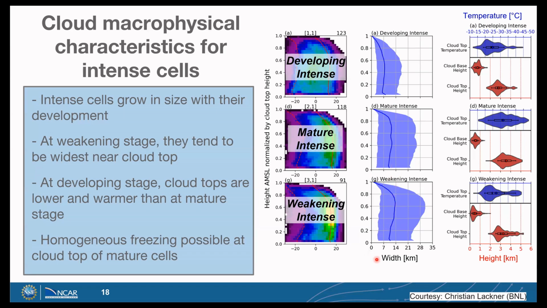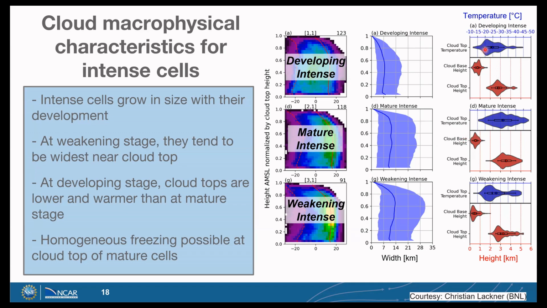During the weakening stage, they tend to be widest near the cloud top, and this may be due to more spreading out near the cloud top once they get quite large and hit the inversion. In the developing stage, the cloud tops are lower and warmer than at the mature stage, and that makes sense, right? Your plumes are initializing, and they're not quite large yet, and they get larger and larger, and at some point, they get as tall as they can be.